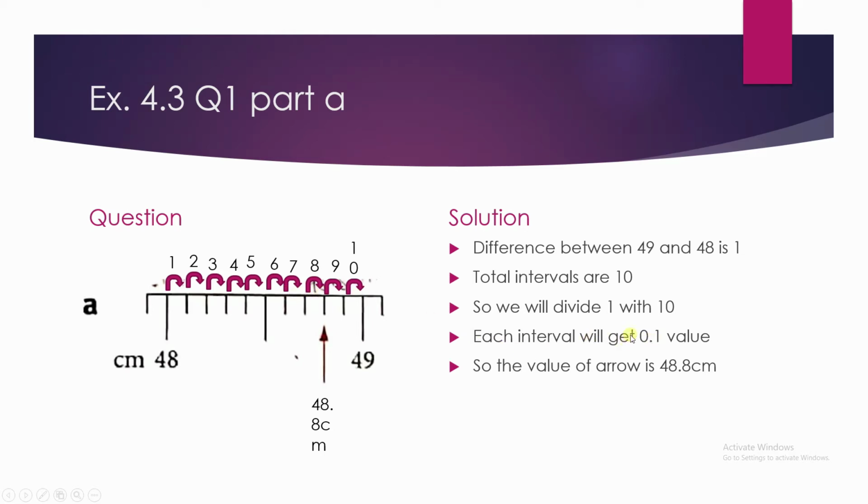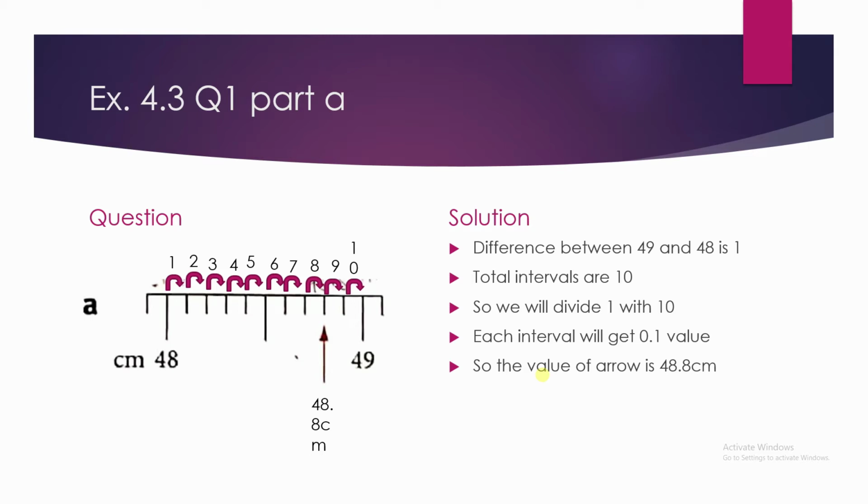Each interval's value is 0.1, so you have to add the previous intervals. So 0.1 added 8 times will be 0.8. So you have to add the 0.8 to 48. That will be 48.8 centimeter. So in this way you can read your scale and write the value of the given arrow.